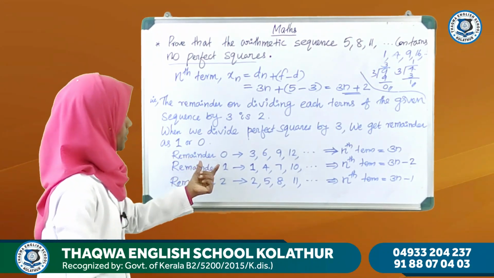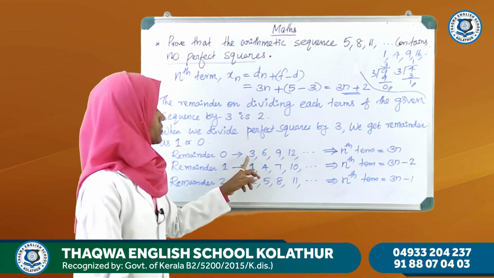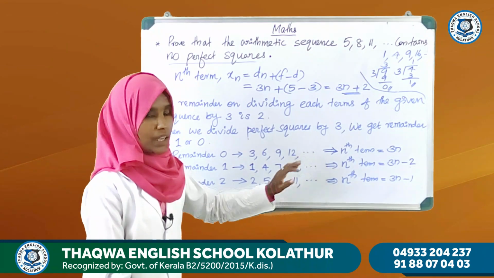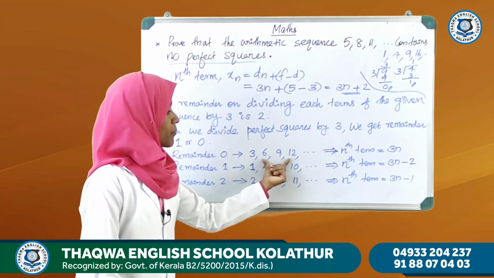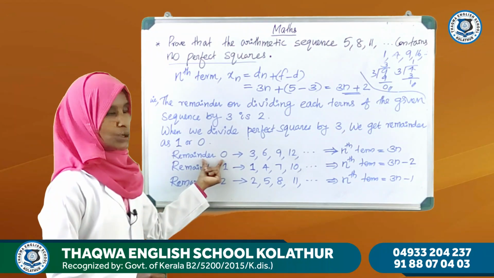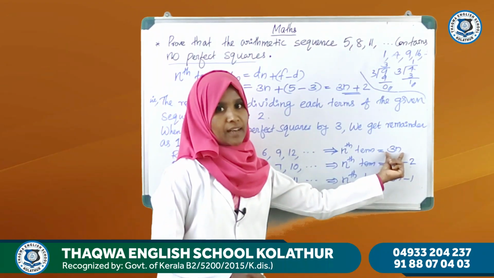First we take the multiples of 3: 3, 6, 9, 12, etc. If we divide these numbers by 3, we get the remainder 0. So the nth term is 3n.